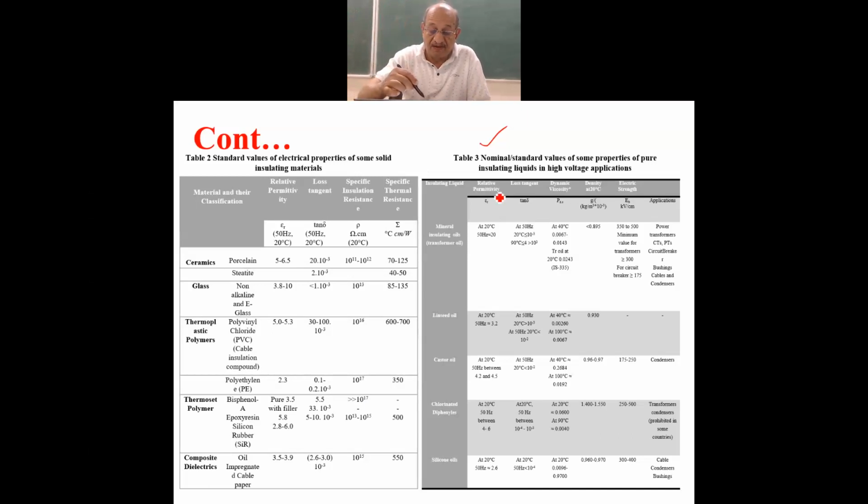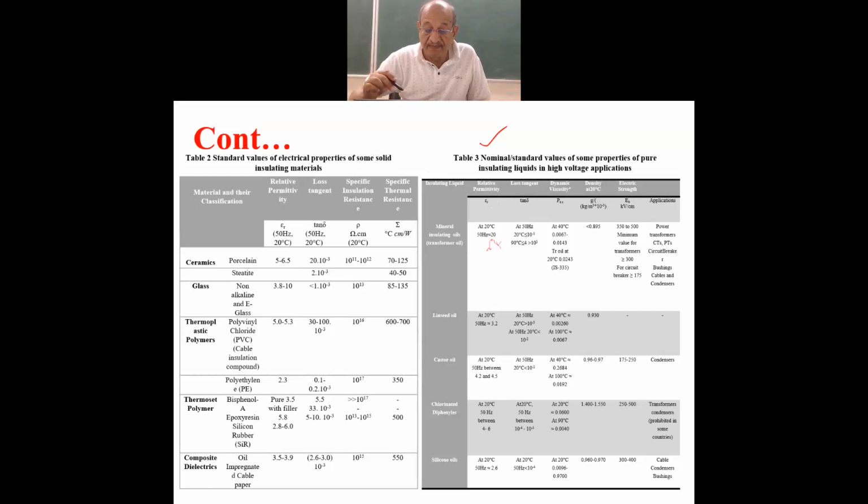The epsilon R, for example, must be defined here at 20 degrees centigrade as standard temperature, or you can say atmospheric conditions, and measured with 50 hertz application of the voltage.